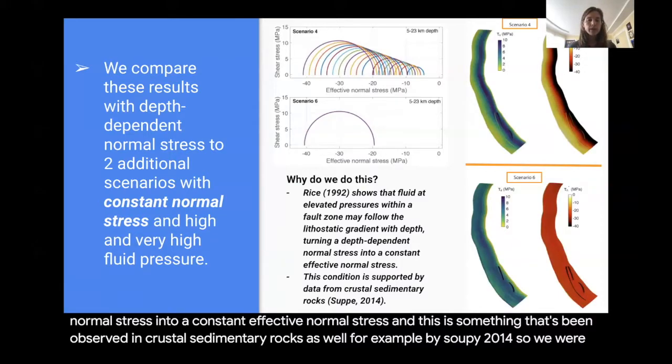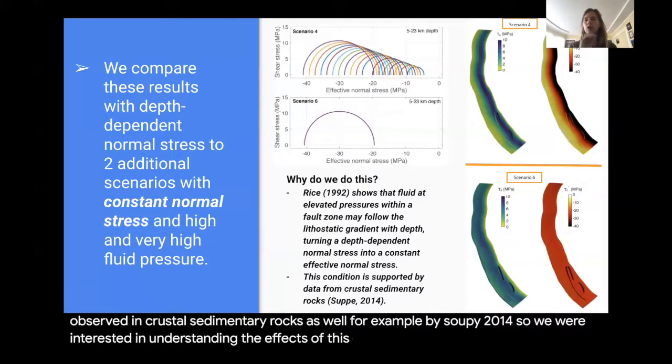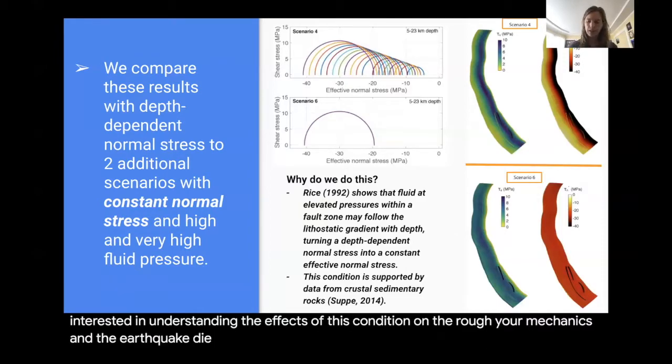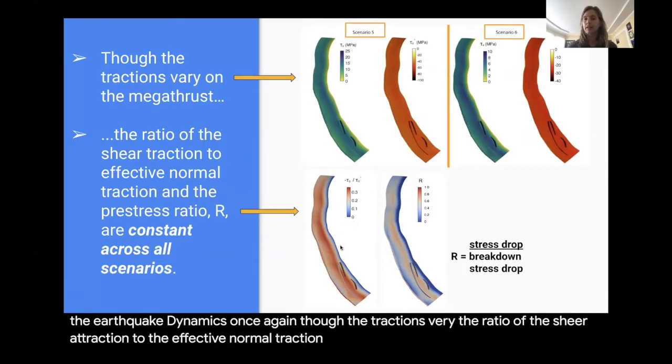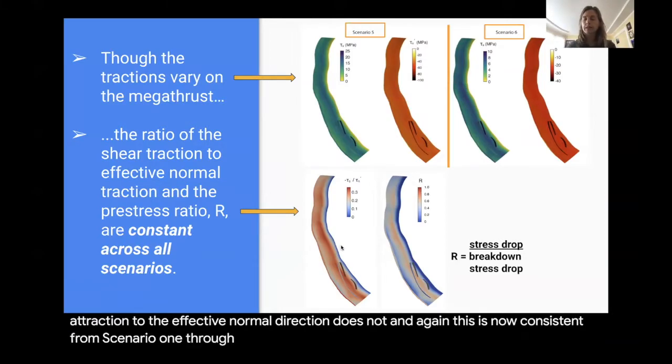So we were interested in understanding the effects of this condition on the rupture mechanics and the earthquake dynamics. Once again, though the tractions vary, the ratio of the shear traction to the effective normal traction does not. And again, this is now consistent from scenario 1 through scenario 6.